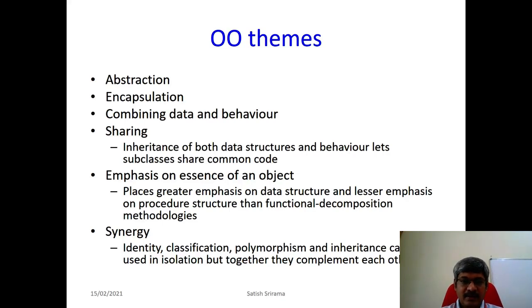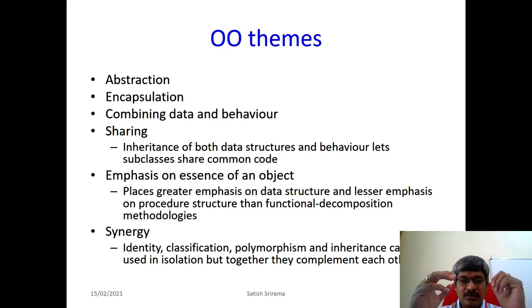Again, the most important thing in object-oriented development is objects. There will be special emphasis on the essence of an object: it places greater emphasis on the data structure, and lesser emphasis on the procedural structure, how you actually implement it.